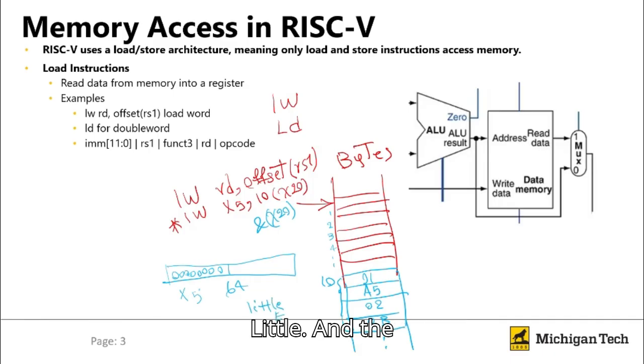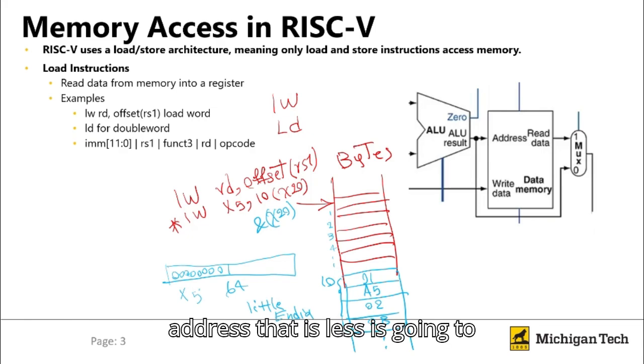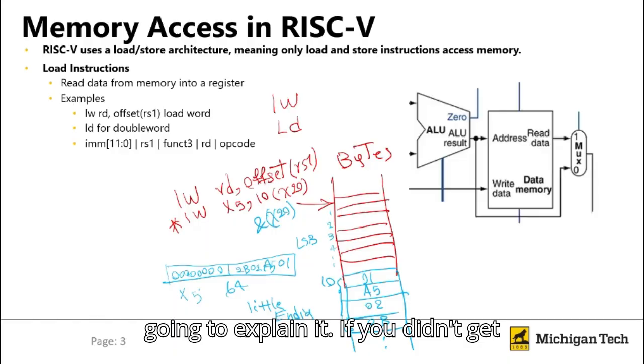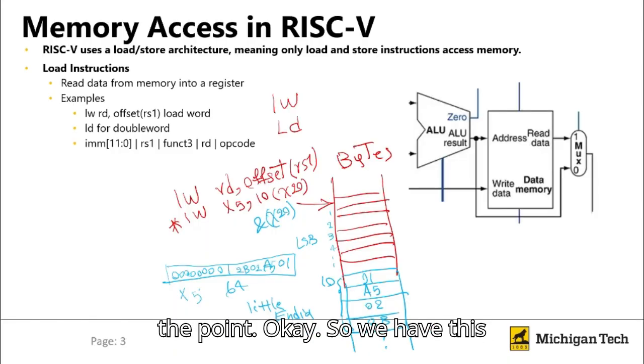Little endian. So the address that is less goes to the least significant byte. So 01 is going to go here, then A5, then 02, then 2B. Okay, I'm going to explain it if you didn't get the point.